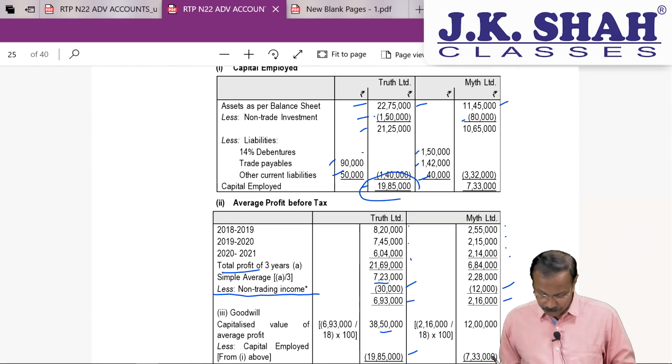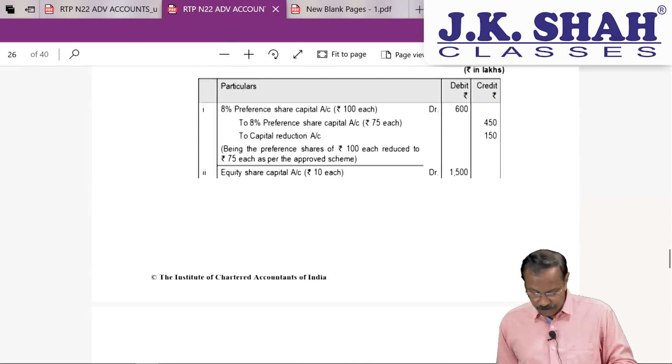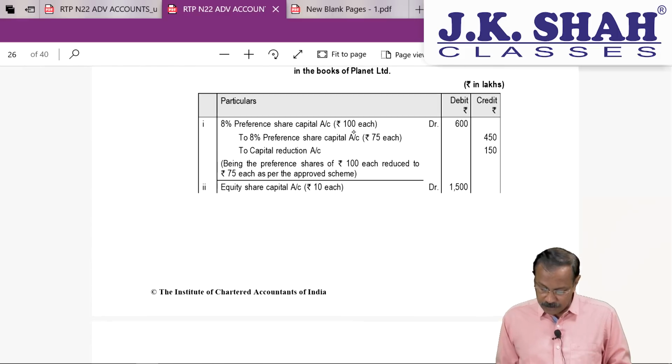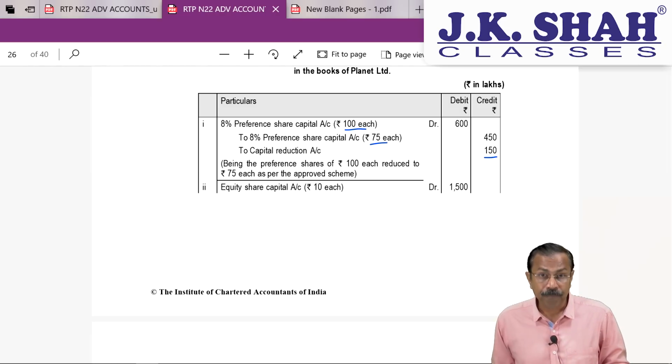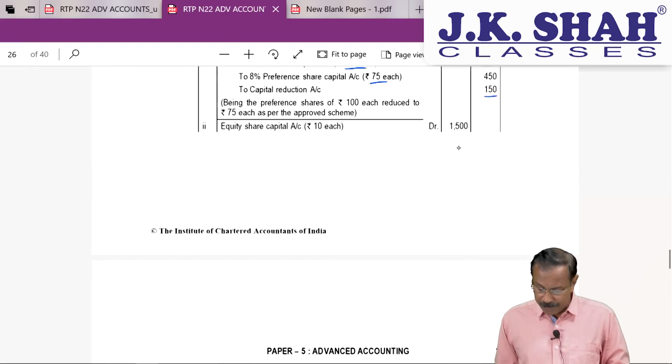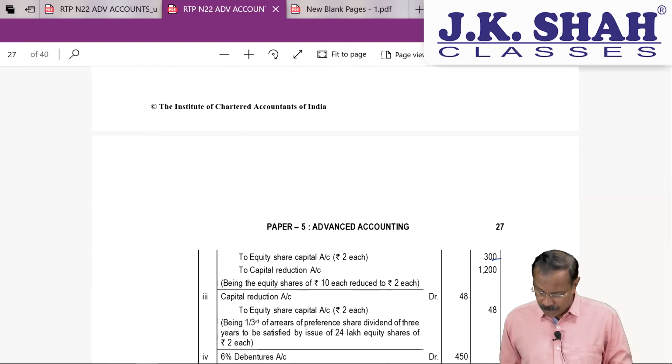So if you see the solution, old capital of 100, new preference shares of 75 and the balance is capital reduction. Number of shares will remain the same. Similarly, equity share capital 1500 becomes 300 and the balance goes to capital reduction.